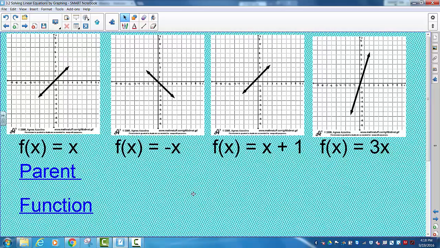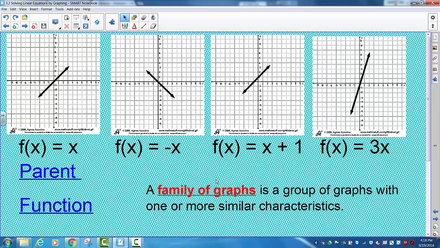But this is called the family of graphs. And the family of graphs is a group of graphs with one or more similar characteristics. So, these are not all the family of this particular function, but these are just 3 of them. There are an infinite number of members of the family. And there'll be more and more that you'll get used to as time goes by.